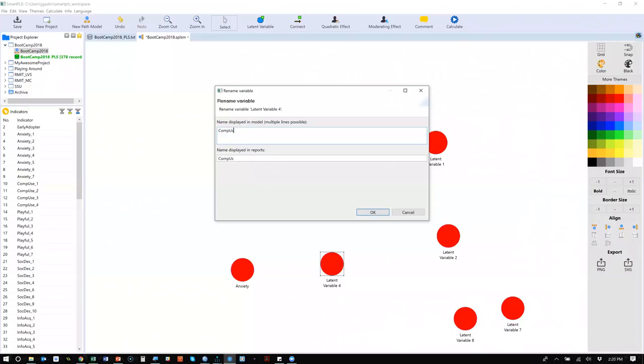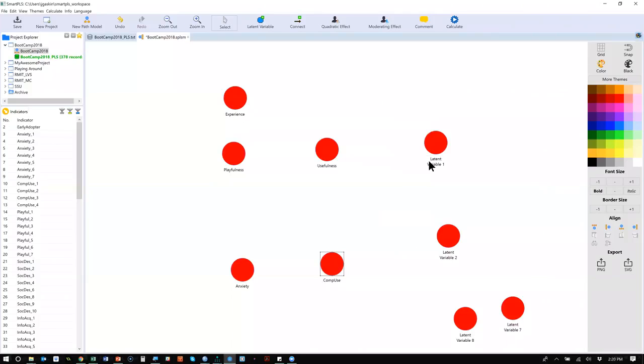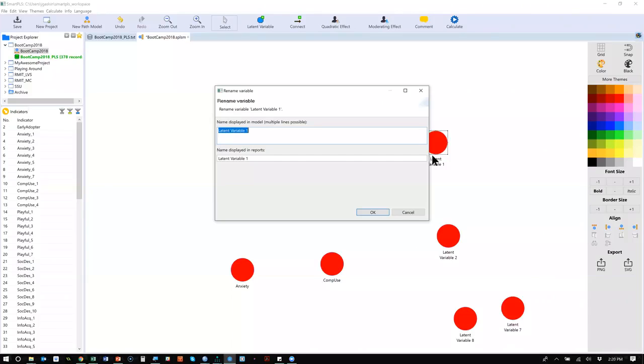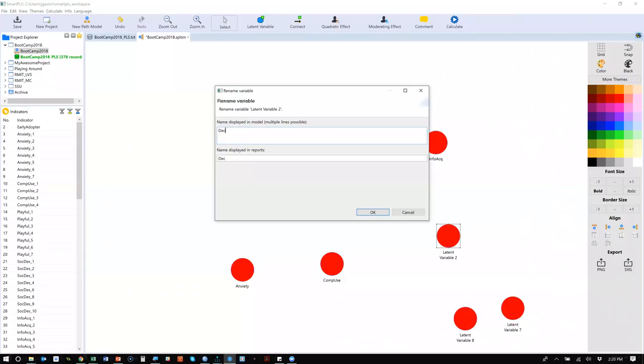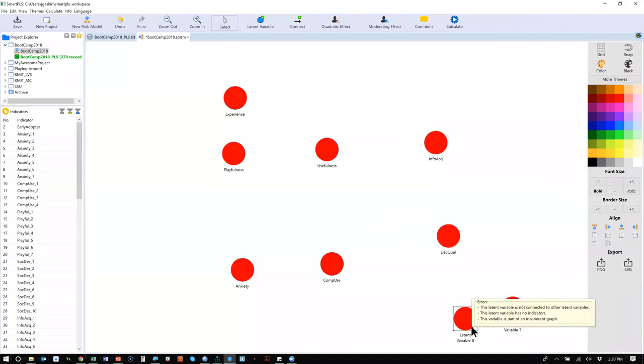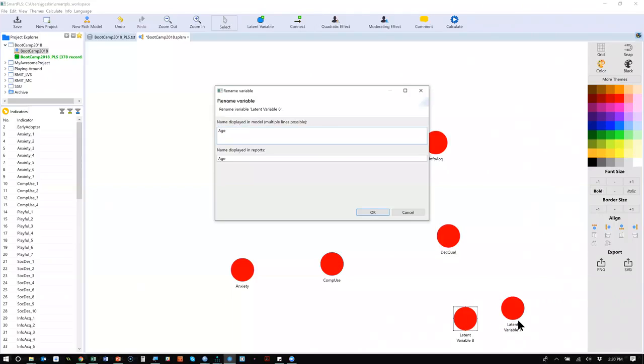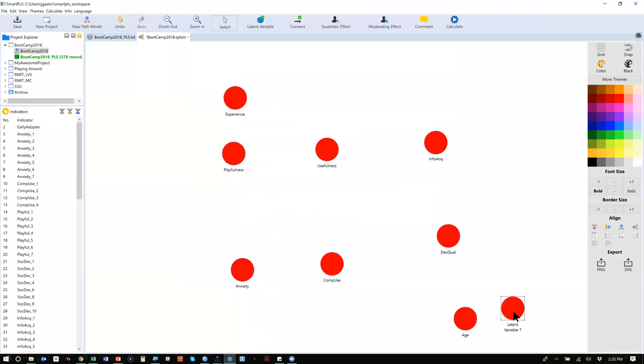Compuse. Info acquisition. Decision quality. Age. And frequency.